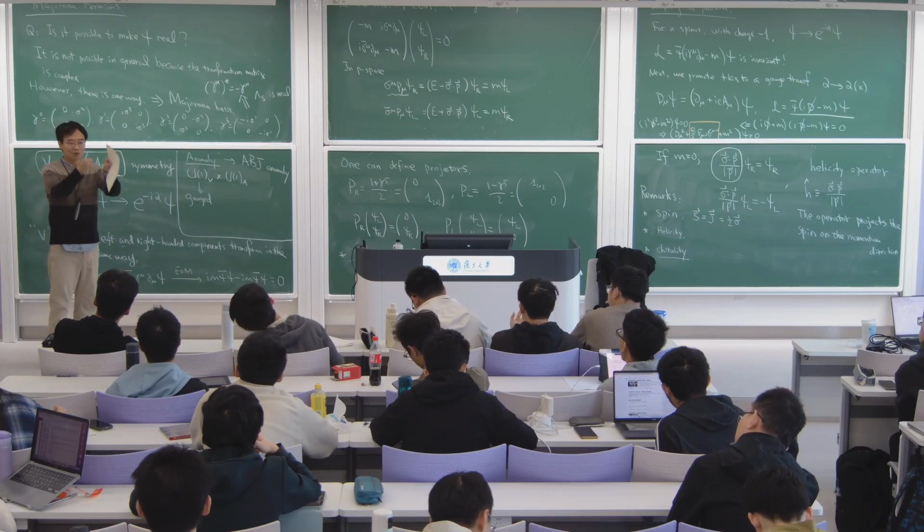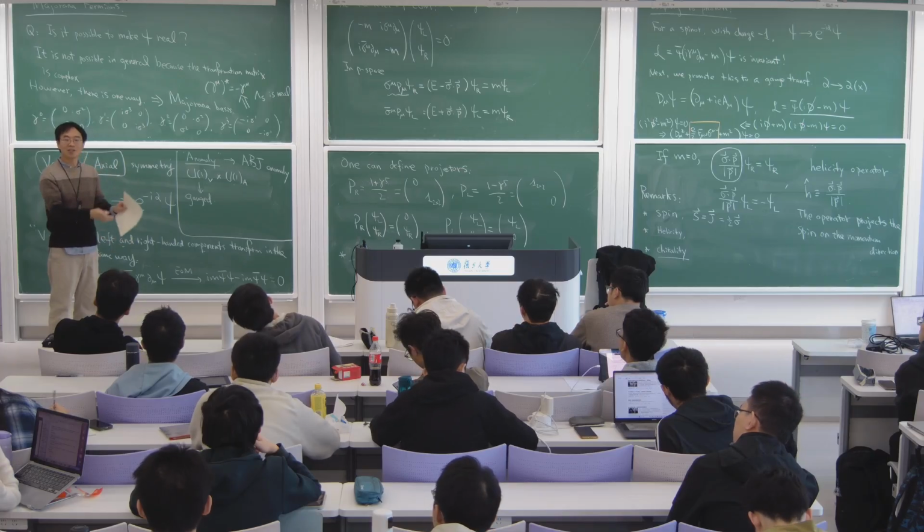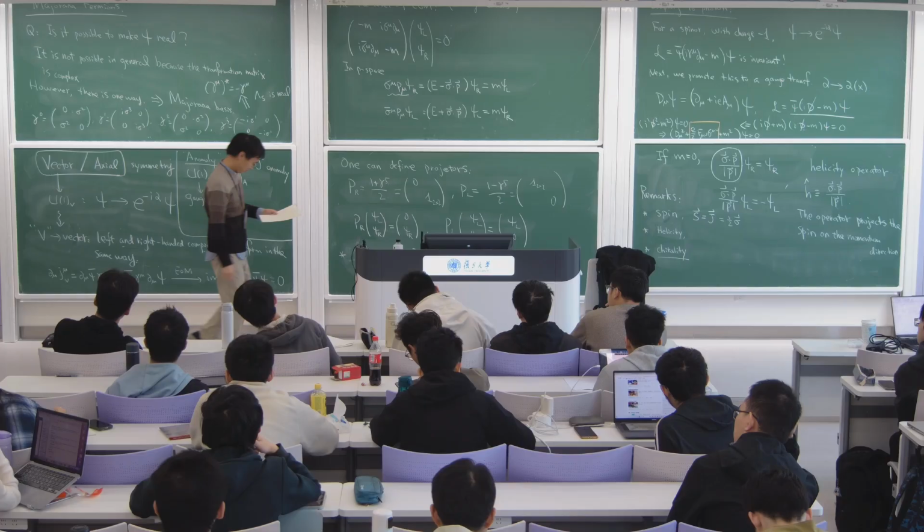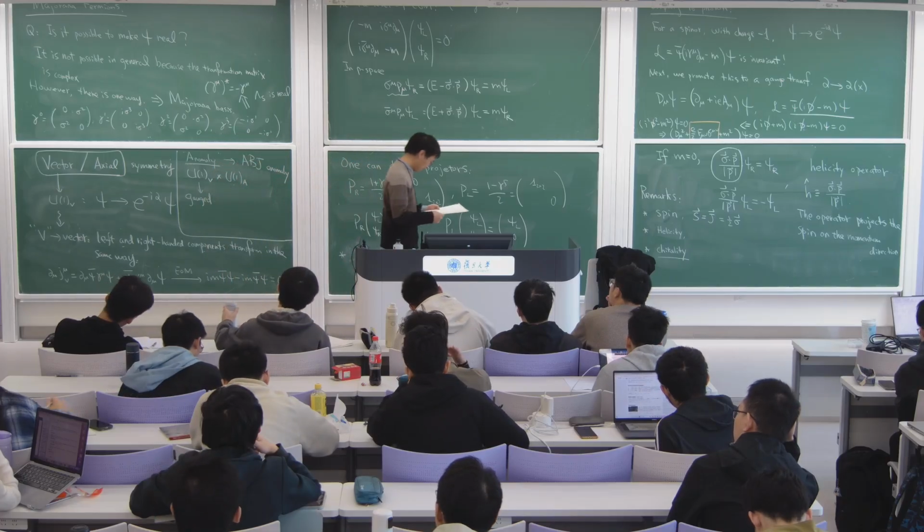Then if you start from a real spinor, using only this kind of Lorentz transformation, you always preserve the reality condition.